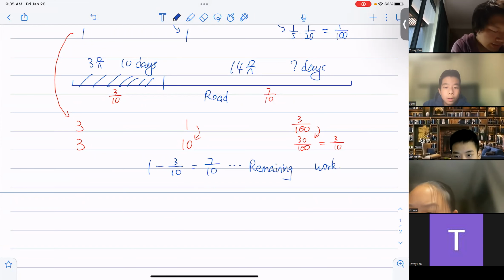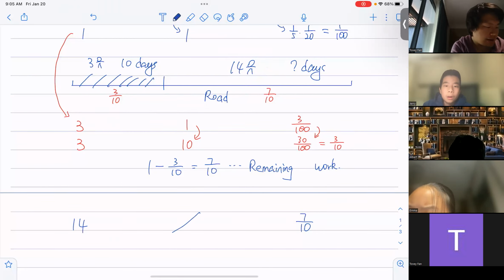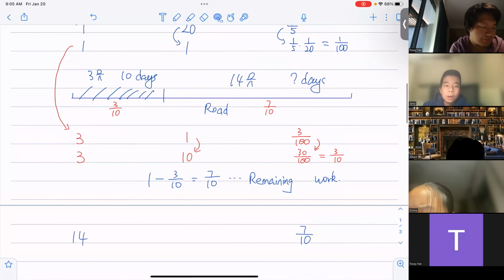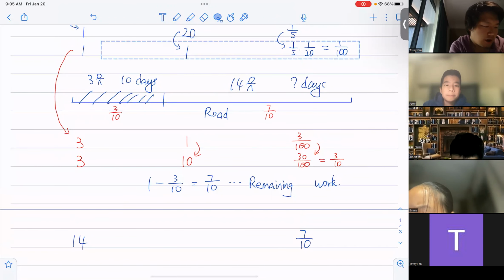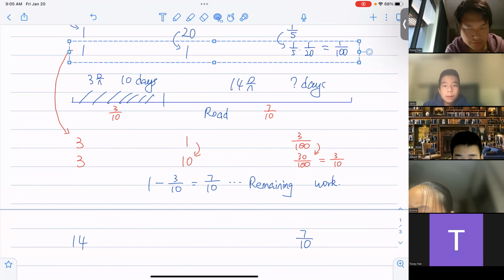All right. And then to finish this 7 out of 10, we have how many people? 14 people working on it, right? So 14 people here. Now we just need to figure out the amount of days. Any idea? Always think back to the individual work rate, okay?